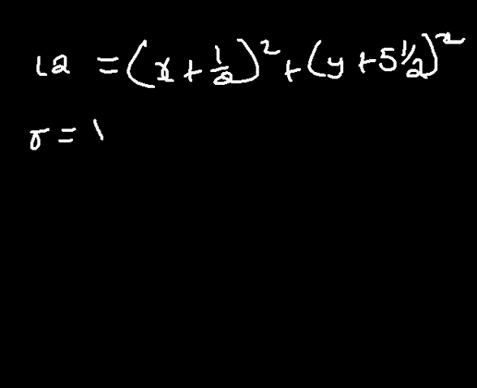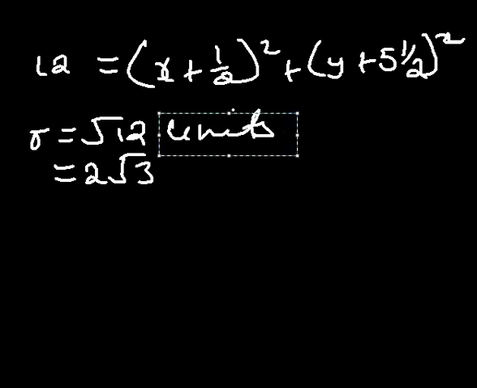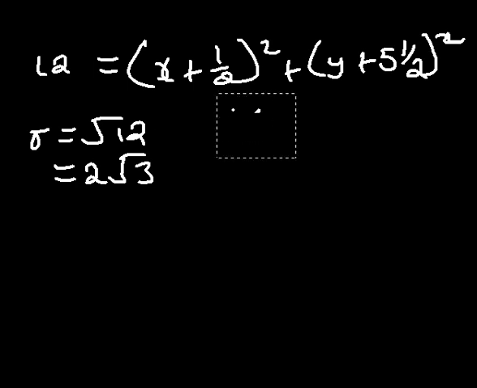We'll have it as the square root of 12, which is the same as 2 square root of 3, upon simplifying using surds. And mind you, the radius is given in units, that's the basic unit for the radius of a circle. It should be a distance on the Cartesian plane. Bear that in mind.